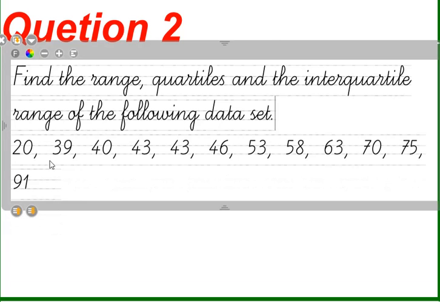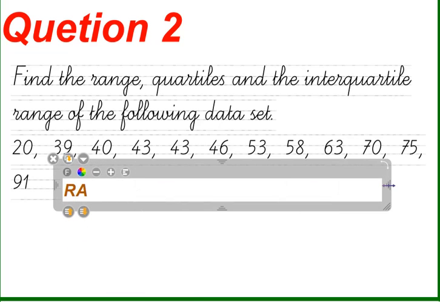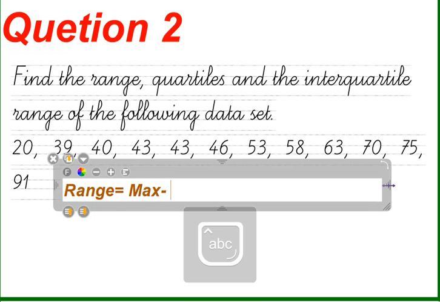So let's move on to getting our range, because that's the easiest at this point. Range is equal to maximum number, so max, minus min, which is 91 minus 20, which is 71.